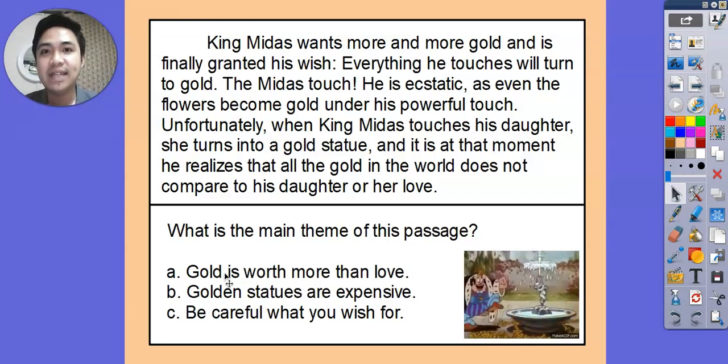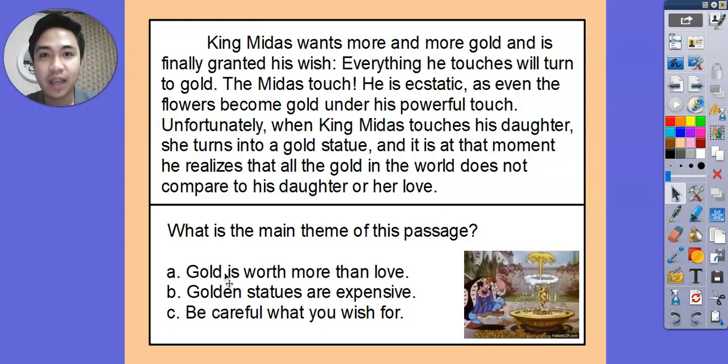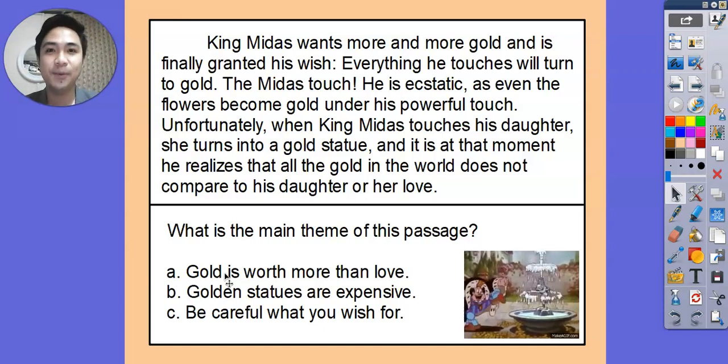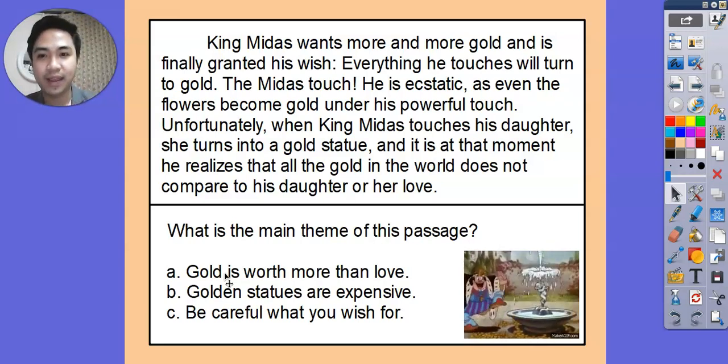Now, what is the ending situation of King Midas? Yes, unfortunately, when King Midas touches his daughter, she turns into a gold statue, right? And the fourth step is that he realizes at that moment that the gold in the world cannot compare to his daughter's love.